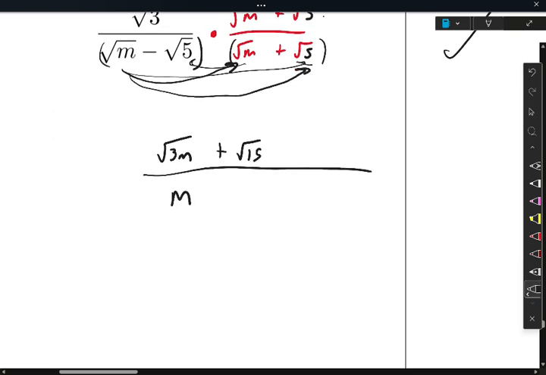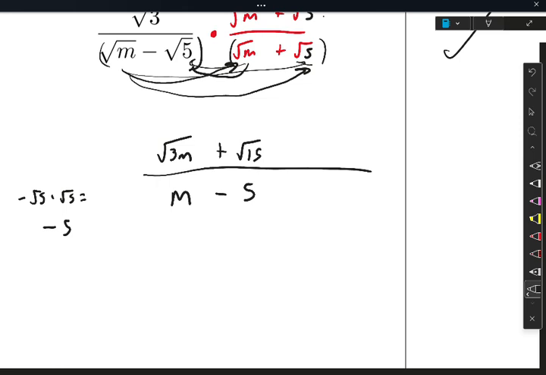Root m times root 5 and root m times negative root 5 are going to cancel out. We don't need to write it down. And then we have negative root 5 times positive root 5. That's just going to give me minus 5. Okay?